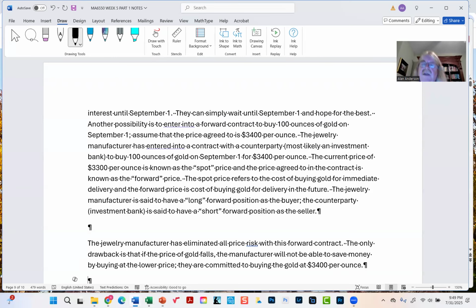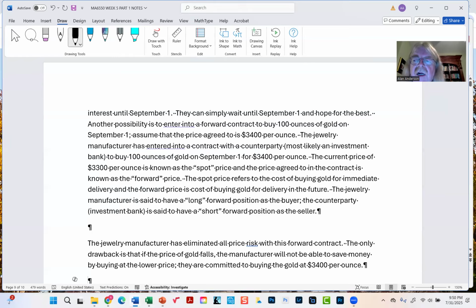So in other words, you get rid of all your risk, but in exchange for that, you also give up the opportunity to save money if the price goes down. So you can see what a great, easy way this is to hedge risk. Just enter into a contract, you agree to take delivery in the future for a fixed price, no more price risk.